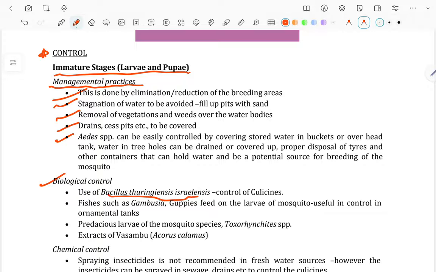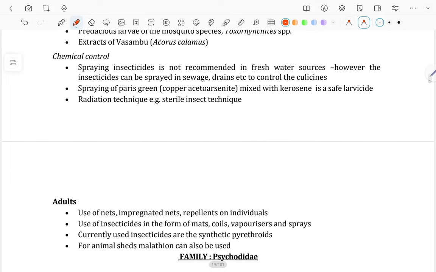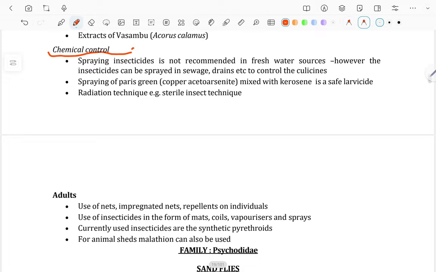Fishes such as Gambusia and guppy feed on the larvae of mosquito, useful in controlling ornamental tanks. Predaceous larvae of the mosquito species Toxorhynchites. Extract of Vasambu, Acorus calamus.